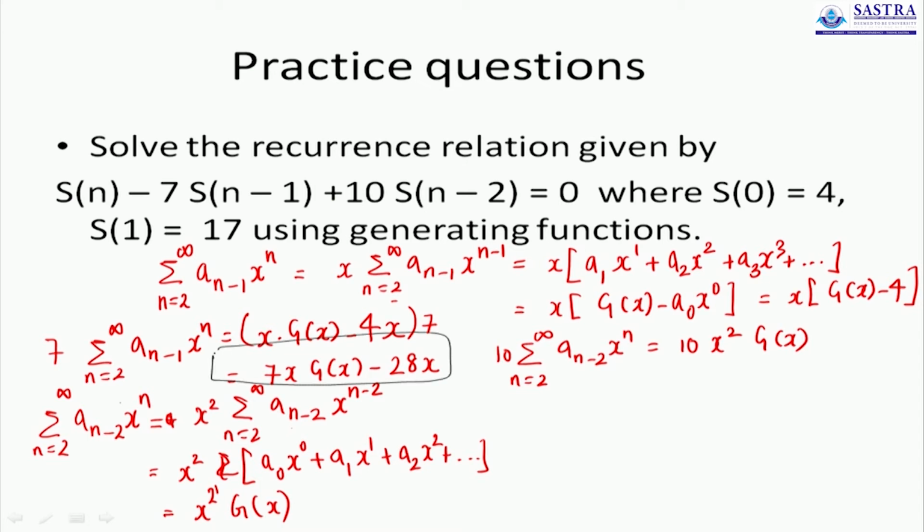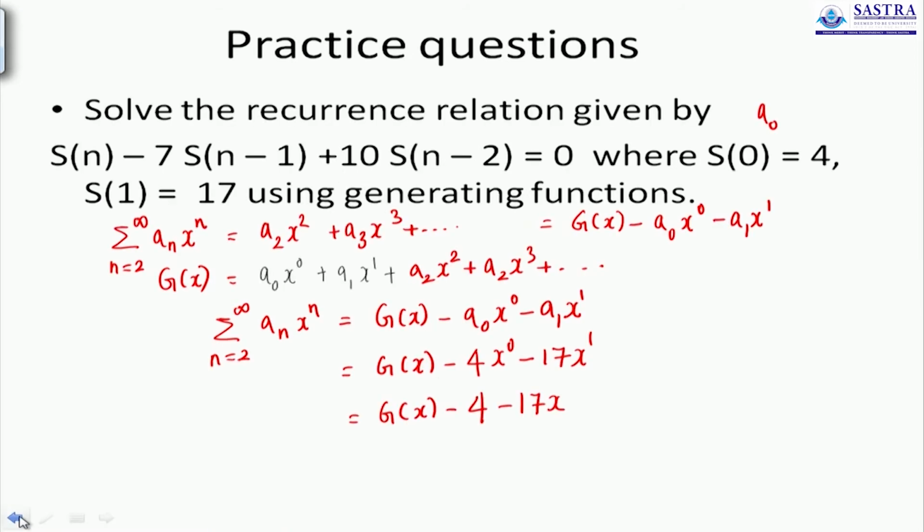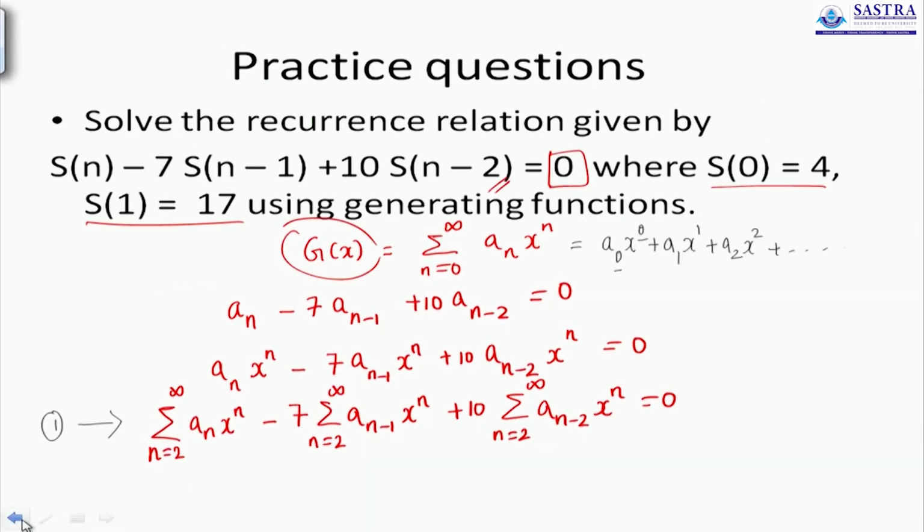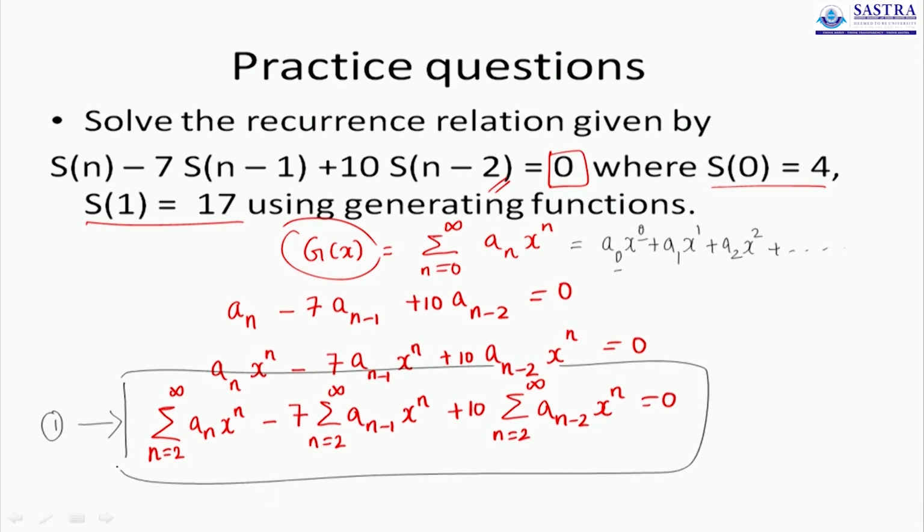So one was 7x times g of x and 28x together, and the other was 10x squared g of x. In the previous slide we saw that we had g of x minus 4 minus 17x. So using them all in this final equation, we have our answer. We have one answer for this, one for this, and one for this. This was just 10x squared g of x.